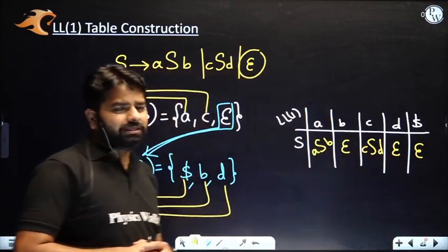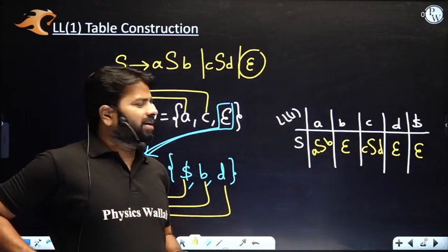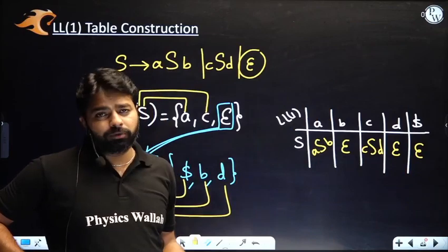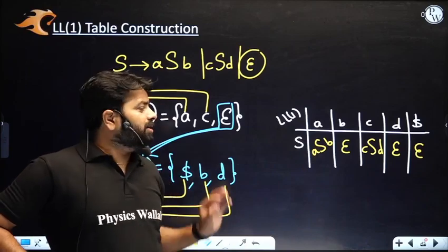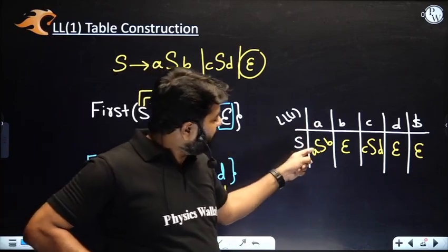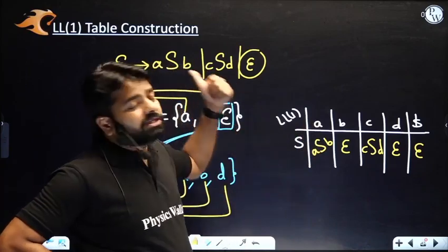When I look at this, I do not have any entry with more than 1 production. Some of the entries you may have 0 productions, that is fine. But if you see any entry with more than 1 production, then the grammar is not LL1.